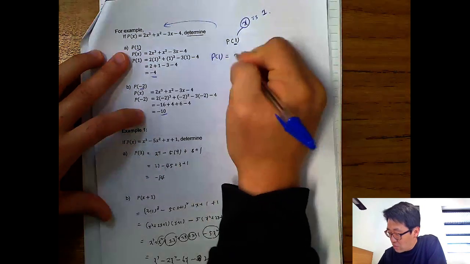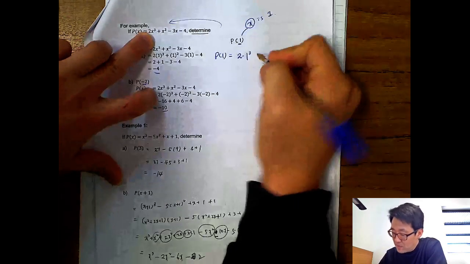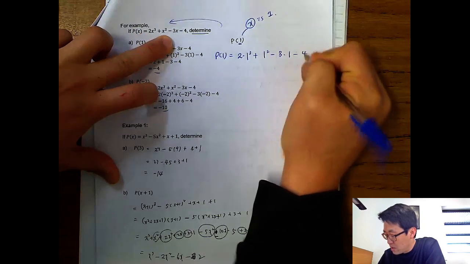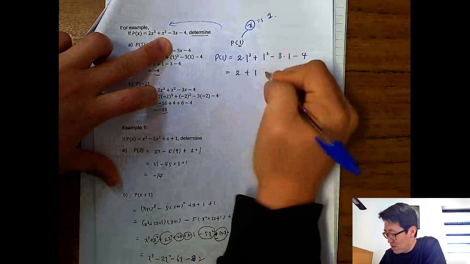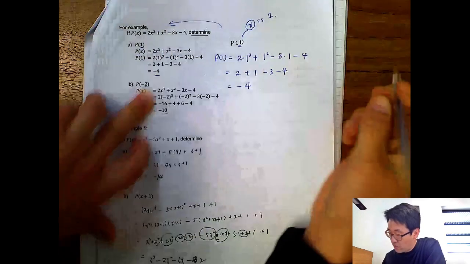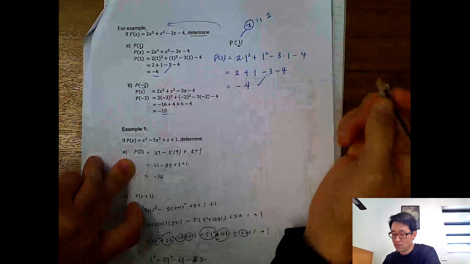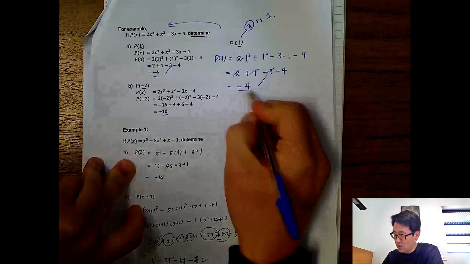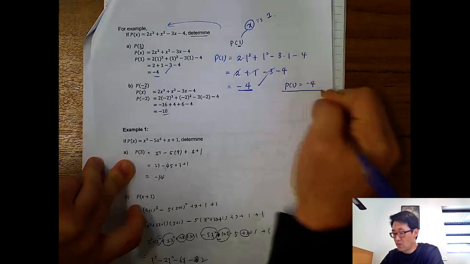P(1) equals 2 times 1 cubed, plus 1 squared minus 3 times 1 minus 4. 2 plus 1 minus 3 minus 4 equals minus 4. Sounds good? So that's all you need to do. Now I write down P(1) equals minus 4.